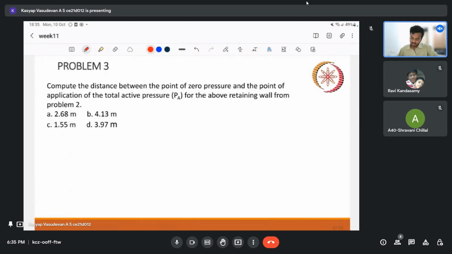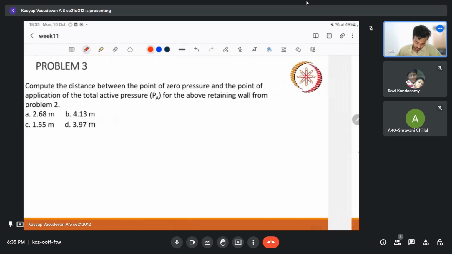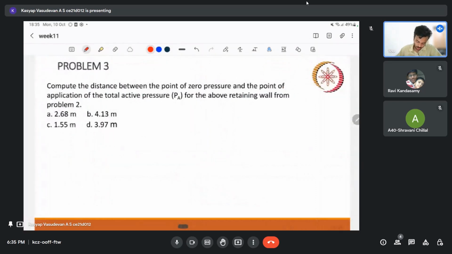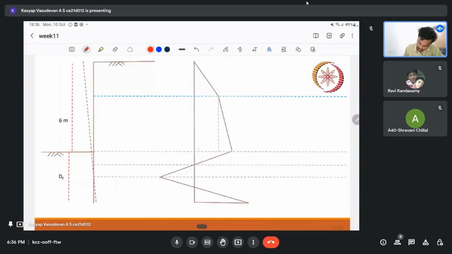In this, what is asked is we are supposed to find the distance between the point of zero and the point of application of our pressure. So we have this much area, and in it we'll have a pressure, that is PA, total pressure.